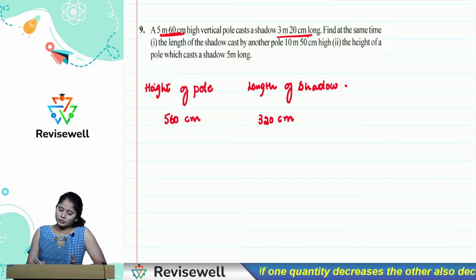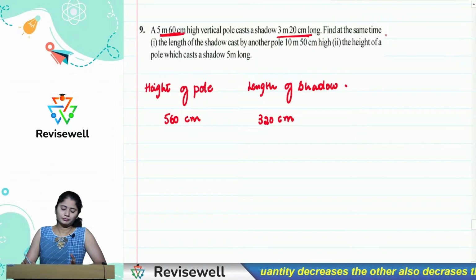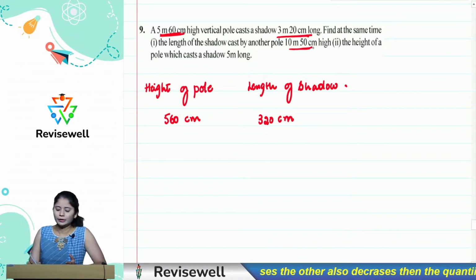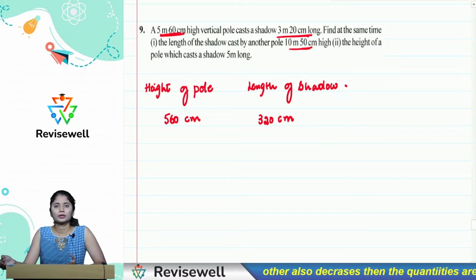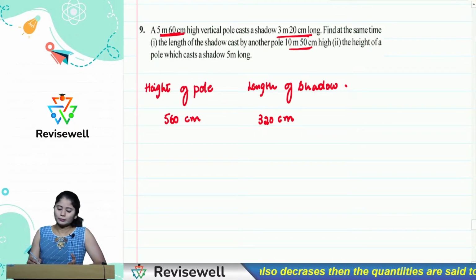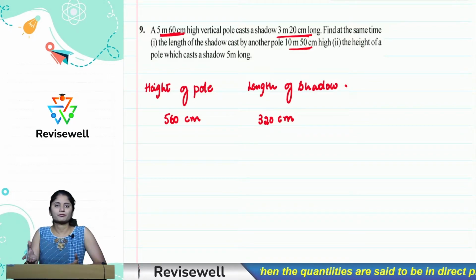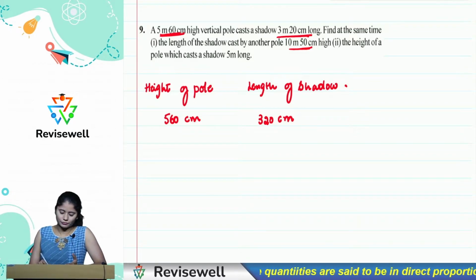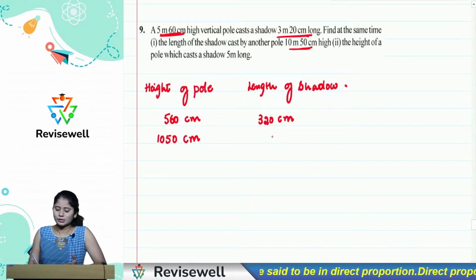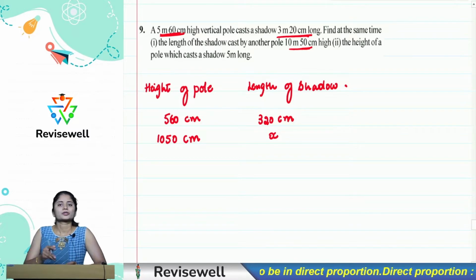Find, at the same time, the length of the shadow cast by another pole 10 meters 50 centimeters long. The vertical pole has 10 meters, which is nothing but 1000 centimeters. 1000 centimeters plus 50 centimeters equals 1050 centimeters. What is the length of the shadow?